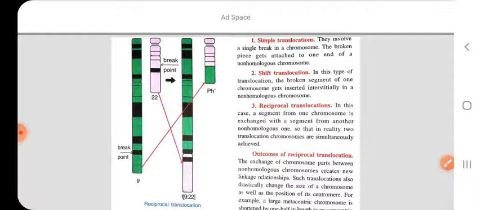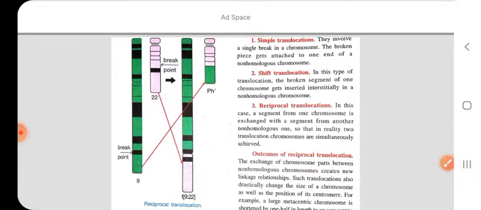It means to say that if reciprocal translocation occurs between chromosome number 9 and chromosome number 22 unequally, it will result in the Philadelphia chromosome.